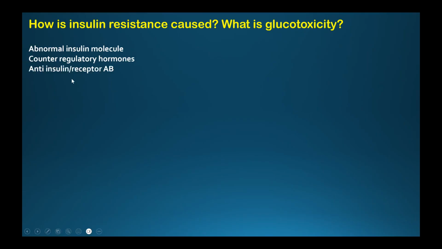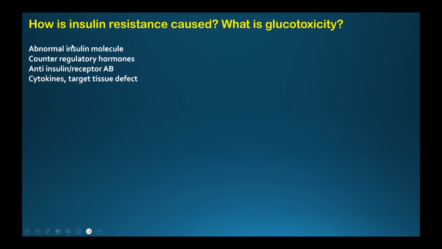Then anti-insulin receptor antibodies. They can be direct antibodies against insulin, or antibodies against the receptor of the insulin in the cell membrane. And last will be the cytokines and target tissue defect. So these four are the causes of insulin resistance.